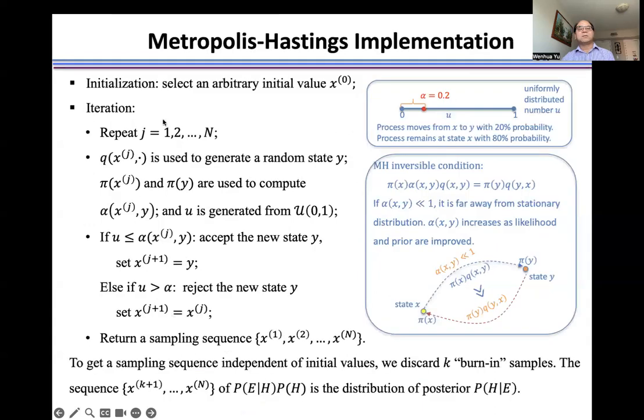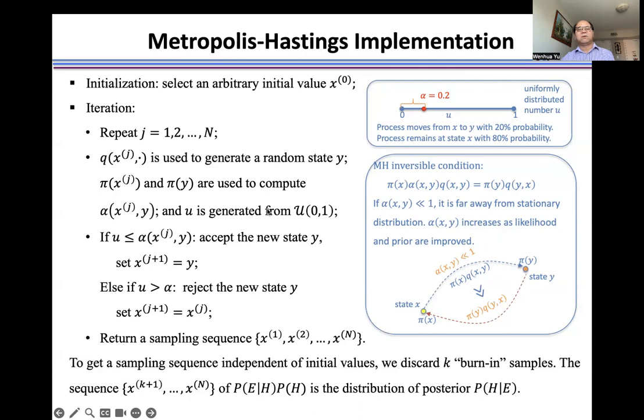We use two steps to generate a sampling sequence. First, select an arbitrary initial value x0, and then use the iteration procedure to generate the sampling sequence. Say we have x as the input, use q to generate a random state y, and use the function pi to calculate alpha.